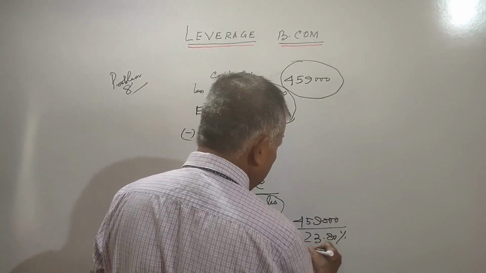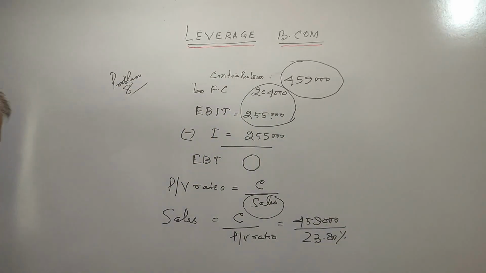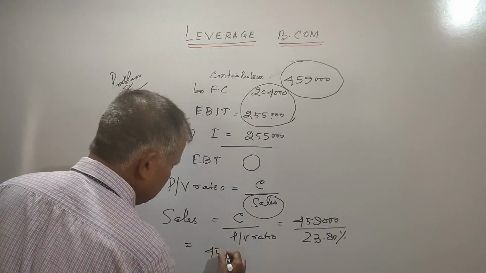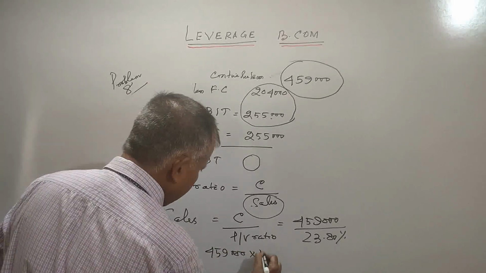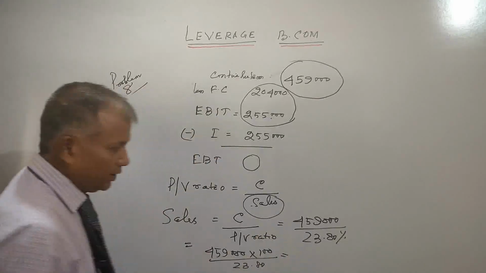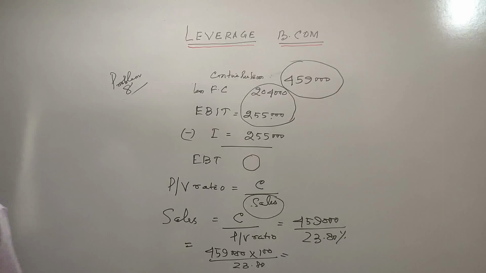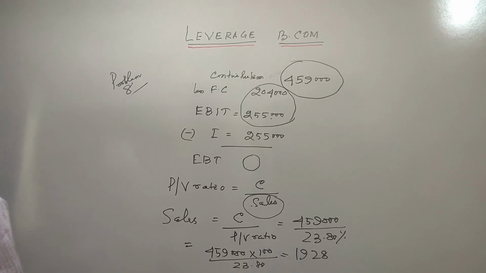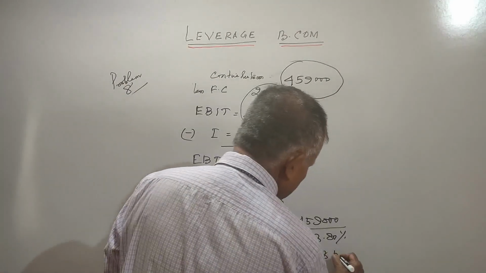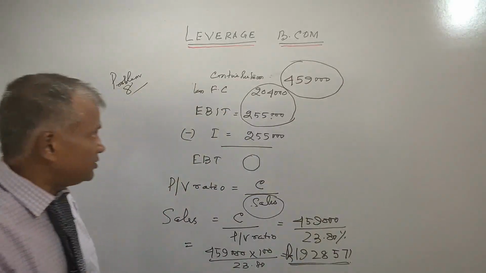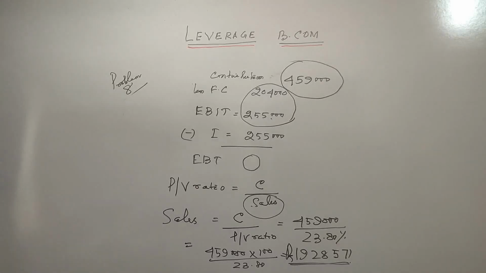So sales will be 4,59,000 into 100 divided by 23.80, which comes to 19,28,571.